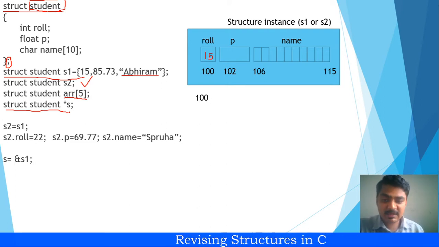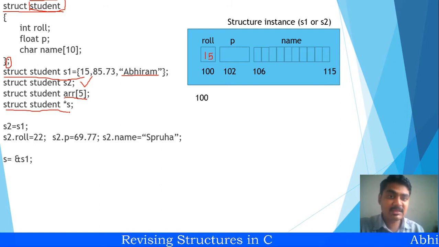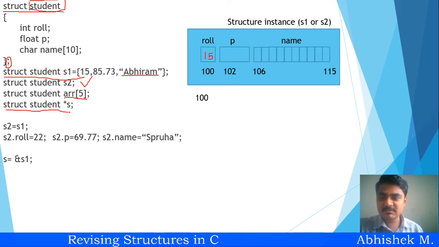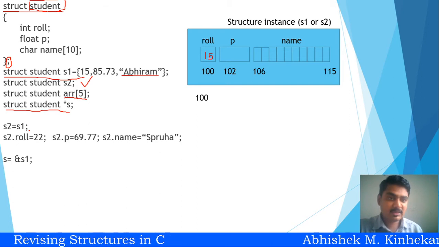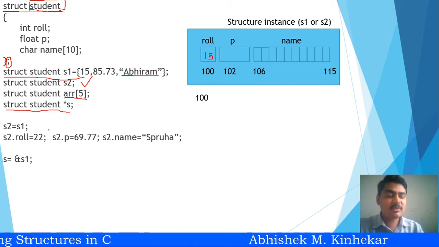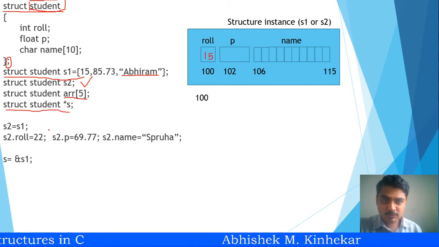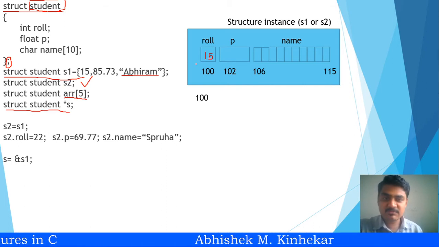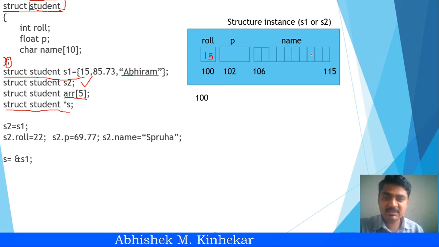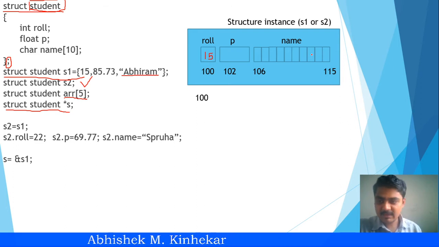Now let us try to initialize the structure in various different ways. Let us try to access each and every individual element in a structure. How do we do that? It is very simple. What if I write S2 is equal to S1? S2 is equal to S1 means structure 2 will get all the values of structure 1. So if structure 1 contains 15, then 85.73 and Abhiram, S2 will also contain 15, 85.73 and the same string, correct?